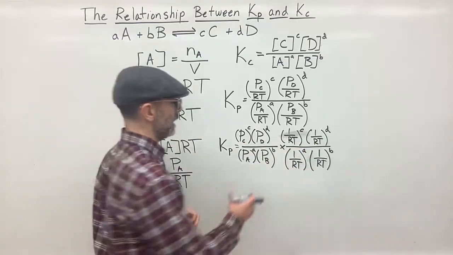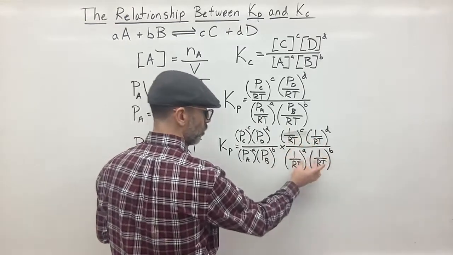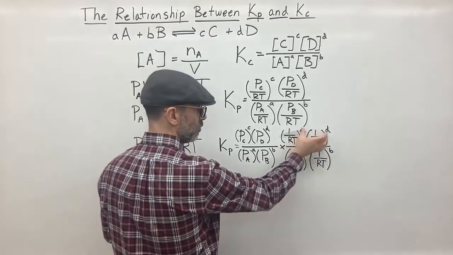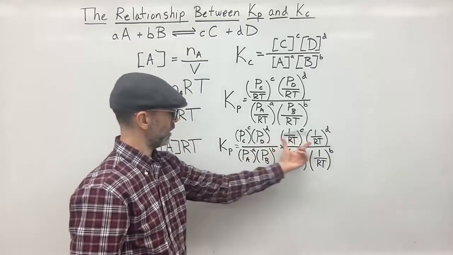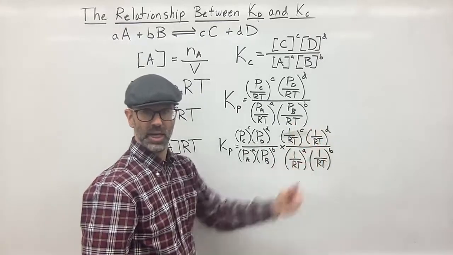So if we multiply these together and multiply these together, what do you do when you multiply the same things together raised to different powers? Then you add the powers together.